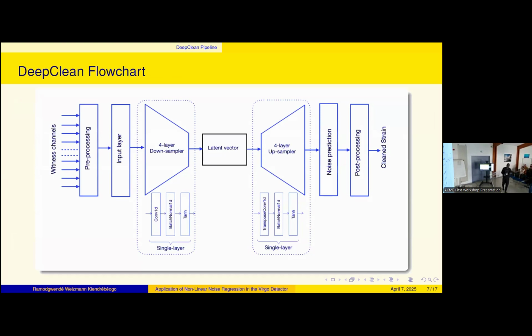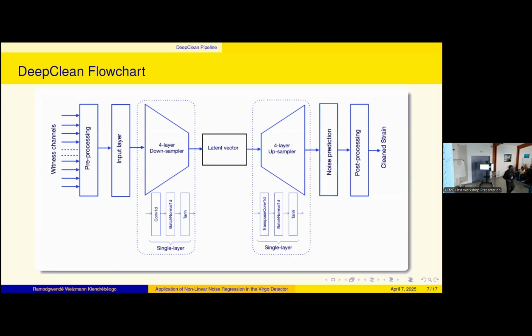That is the DeepClean pipeline. We start with a set of witness sensor data, which goes through pre-processing to prepare and normalize the data set. We use a downsampler in order to compress this data into a latent vector.